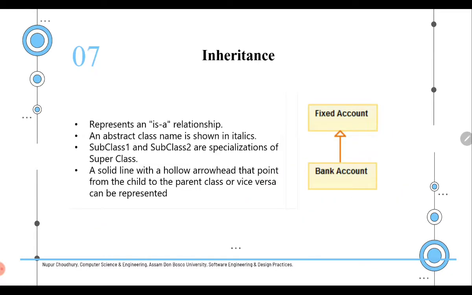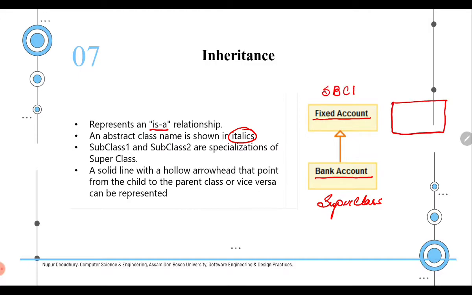So when we look at inheritance, basically it is a type of is-a relationship. An abstract class name is always shown in italics in inheritance, whereas the normal classes follow the general rule. Now subclass 1 and subclass 2 are specializations of the superclass. So let us consider bank account to be a superclass, and this is our subclass 1. And let's say we have another account which is subclass 2.